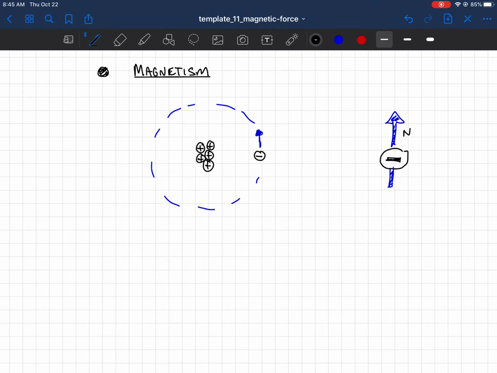And what we really mean by this is that there's a north and a south pole to the electron itself. So it turns out that the strongest magnetic fields that you find in these rocks are called ferromagnets. And those are rocks that have a lot of iron in them. And iron has a lot of unpaired electrons in their outer valence shell. And those unpaired electrons are each little magnets.